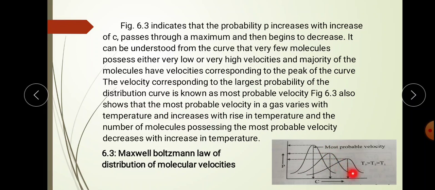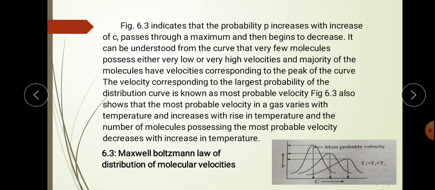In all the cases, it can be understood from the curve that very few molecules possess either very low or very high velocities. So the probability of molecules having a very high velocity or a very low velocity is small, and the majority of the molecules have velocities corresponding to the peak of the curve.